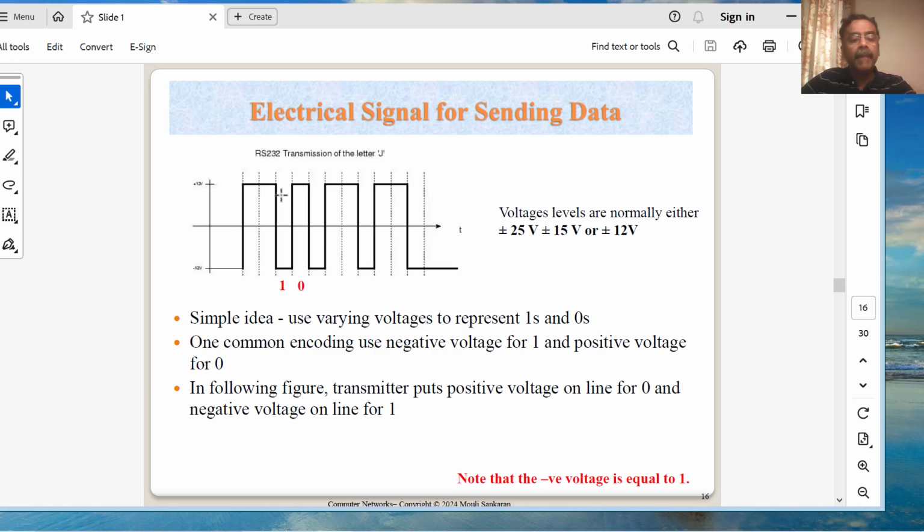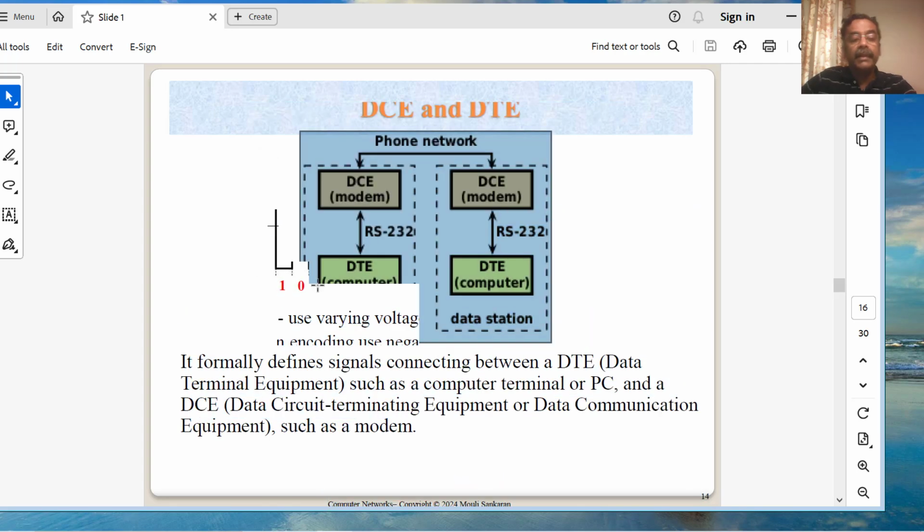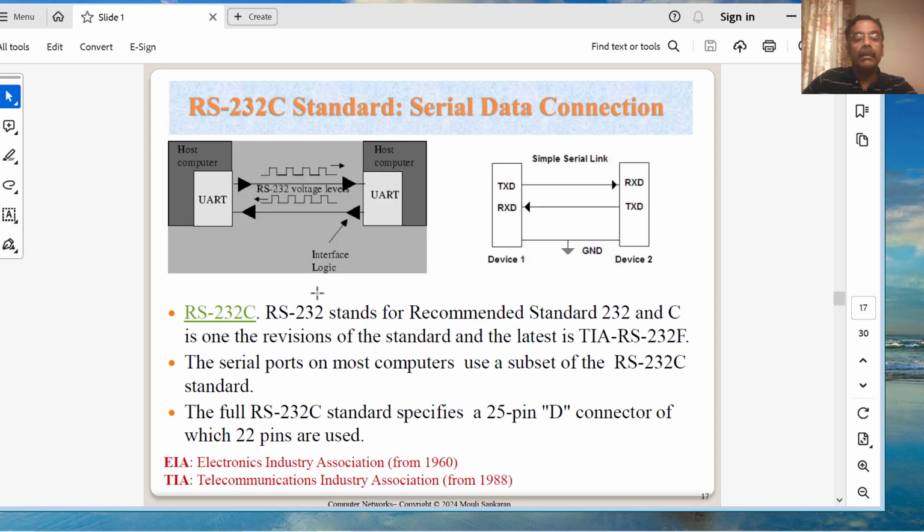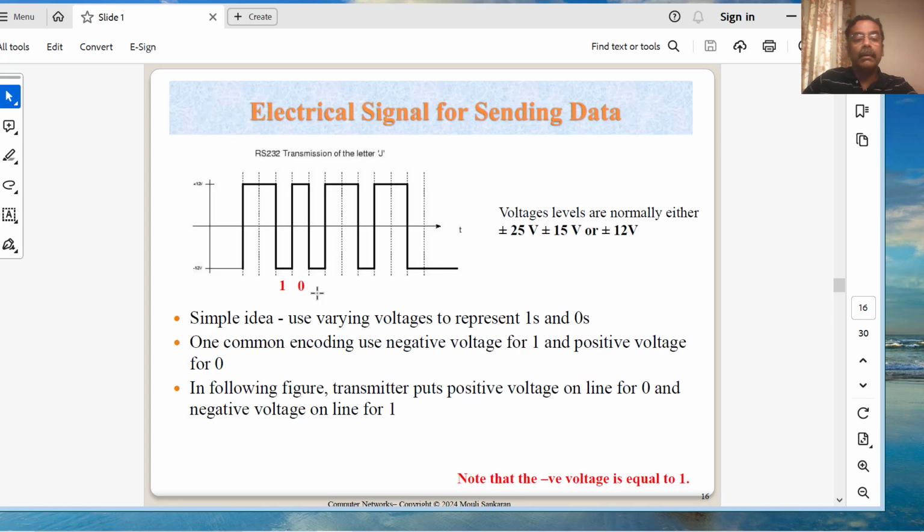Now, what is the gap between this? Please remember, this is the timeline, and whatever you see here is the data which is being sent first, and then what is coming next is the next data. So time-wise, the LSB is always sent first in a byte. Suppose you are to send a byte of data, the LS bit is sent out first.